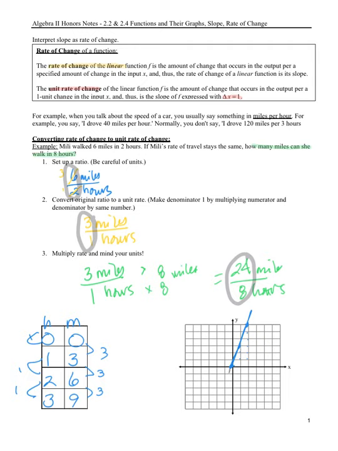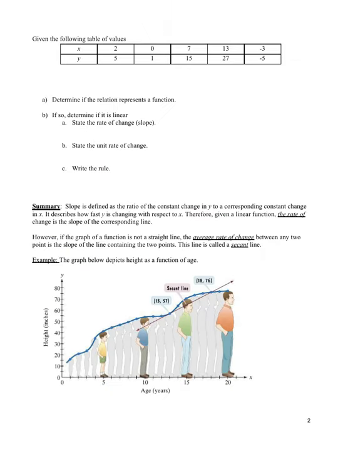So if we were to extend this, we have a linear function. Now, we know our independent variable is hours, so we're really only looking at this first quadrant because time can't be negative. Distance can't be negative, so I'm kind of confined to this first quadrant.